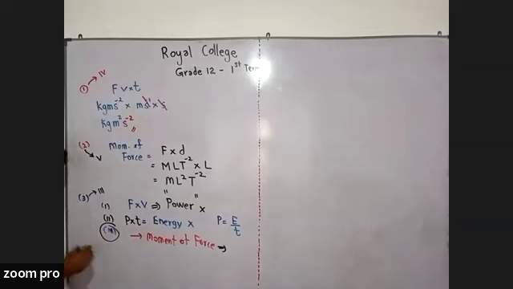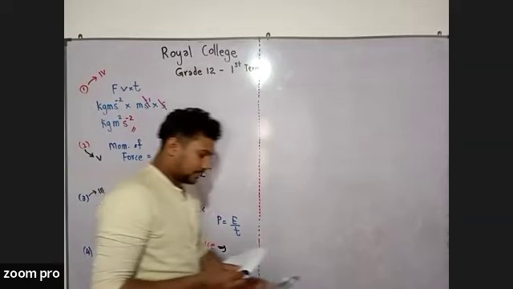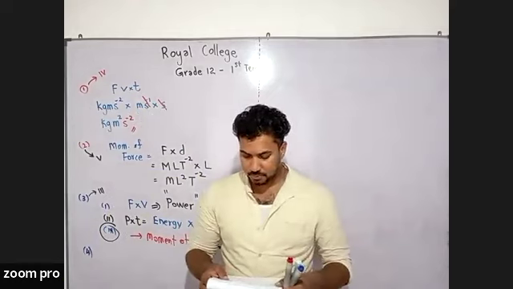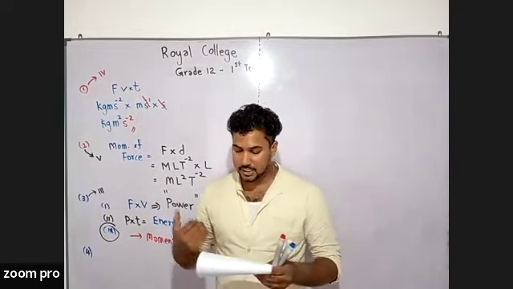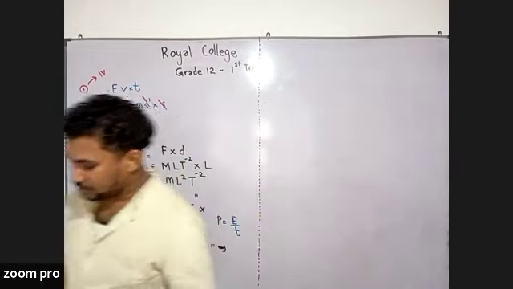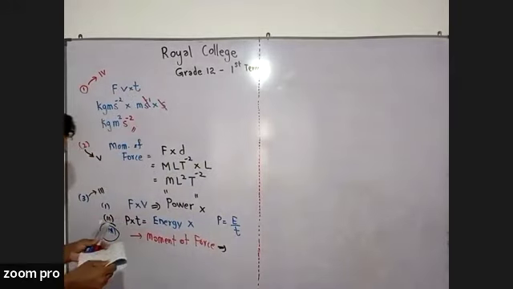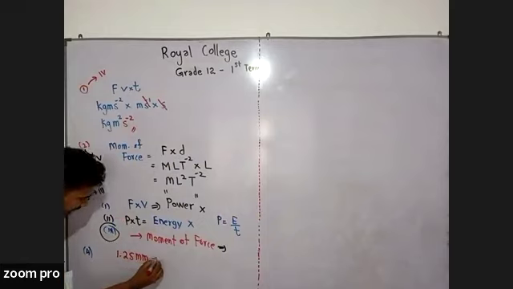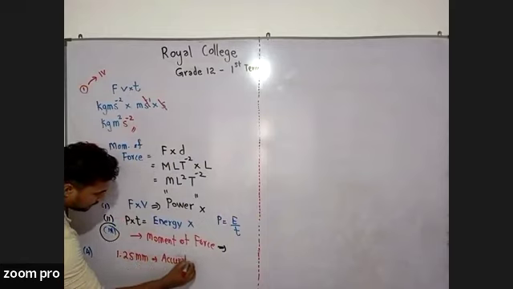In the fourth question, the diameter of a wire with a correct diameter of 1.25 millimeter was found to be 1.6 millimeter when measured with the micrometer screw gauge with a zero error, right? So here 1.25 millimeter is the accurate one. It is the accurate one, right?